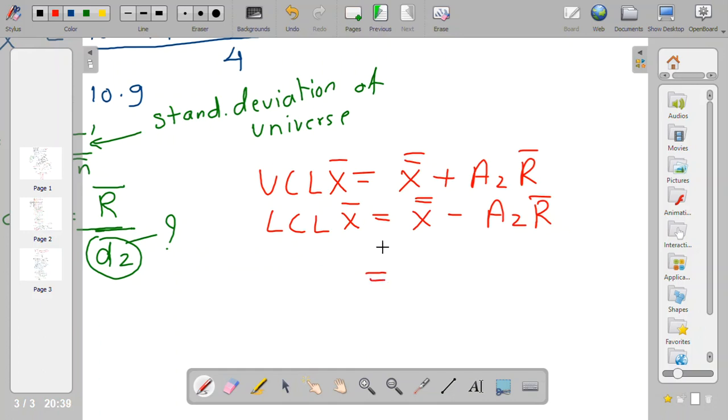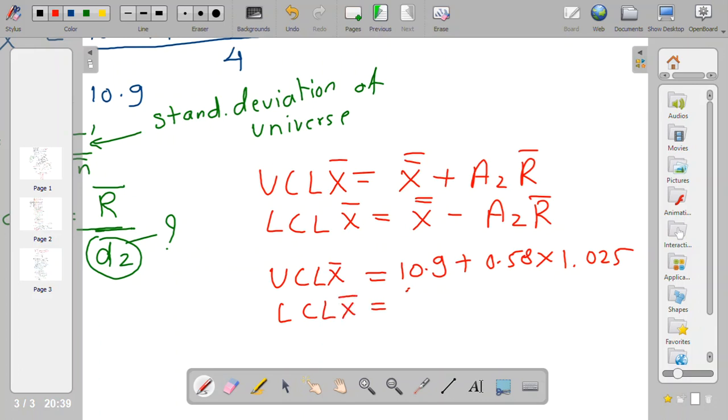What is X double bar? 10.9 plus the value of A2, which they have given as 0.58, into the value of R bar. So this is the upper control limit of X bar. For the lower control limit, it is 10.9 minus 0.58 into R bar.